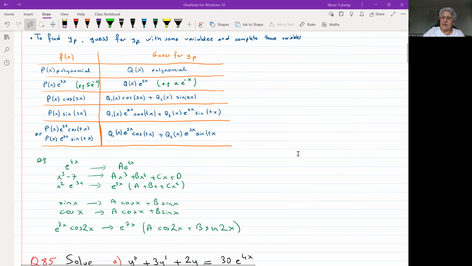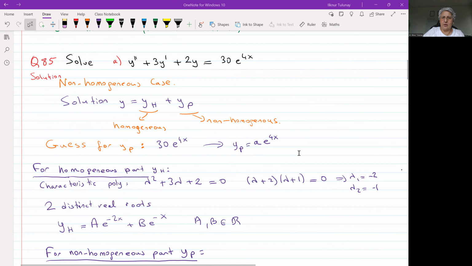Let's do some exercises and solve some questions. This is our second order linear differential equation. We have the non-homogeneous case because the right-hand side is non-zero. The solution will be the homogeneous solution plus the non-homogeneous solution.